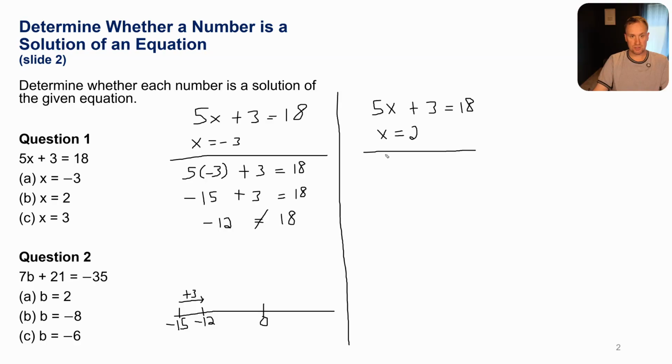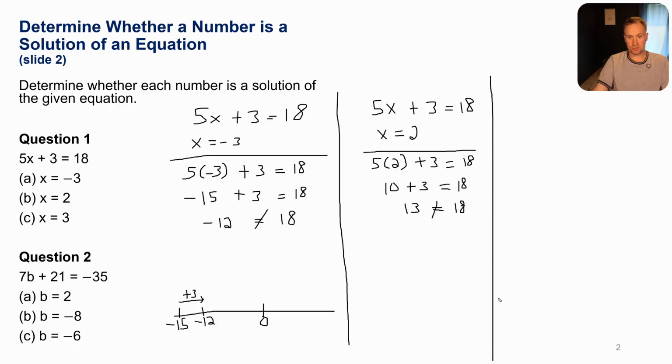Inputting 2 into the variable, I now have 5 times 2 plus 3 equals 18. 5 times 2 is 10, plus 3, and 10 plus 3 is equal to 13. Now 13 obviously does not equal 18, so we will put a slash through our equal sign.